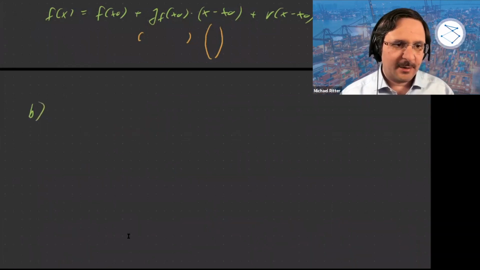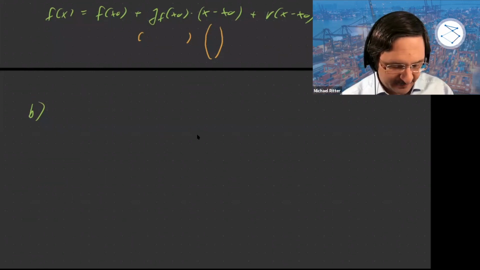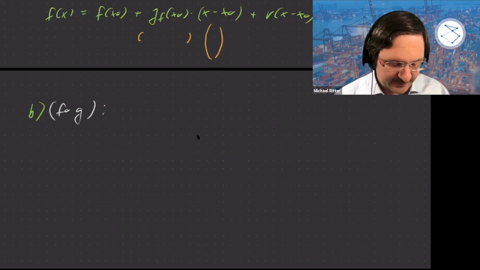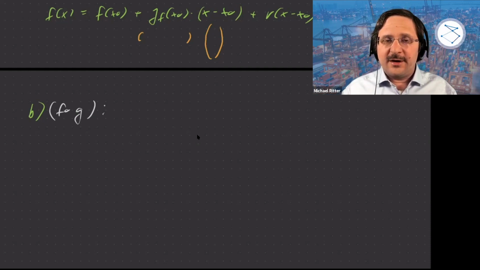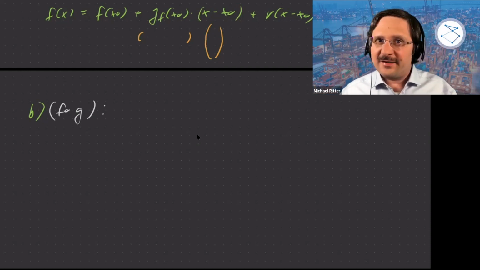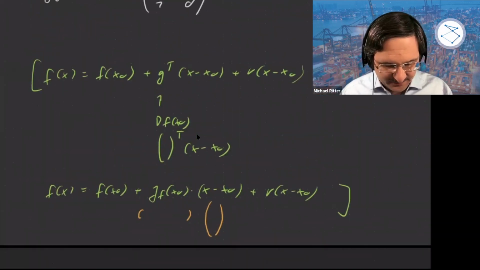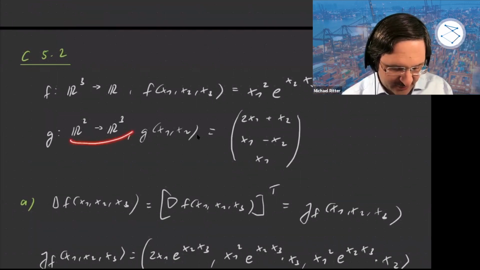In B, we are now considering the function f after g. That means we first apply g to an input and then f to whatever g made of that. That gives us the output of our global function f after g. Remember g was a function from R2 to R3.